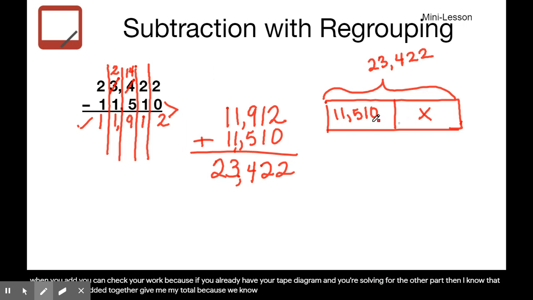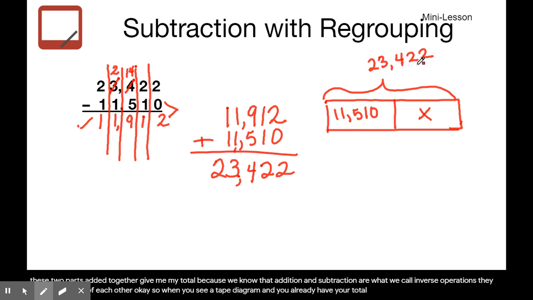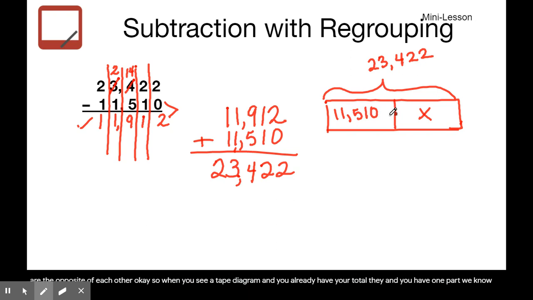Because we know that addition and subtraction are what we call inverse operations. They are the opposite of each other. So when you see a tape diagram and you already have your total, and you have one part, we know we're subtracting. All right.